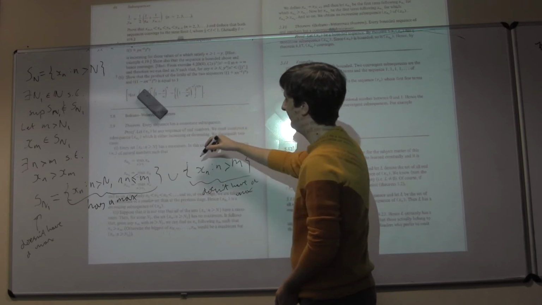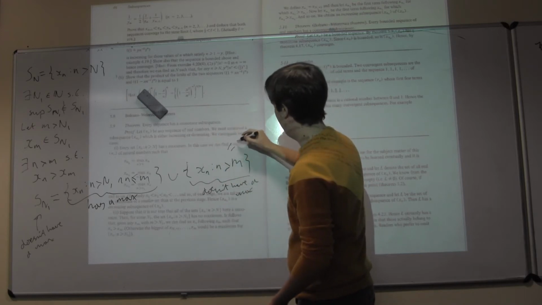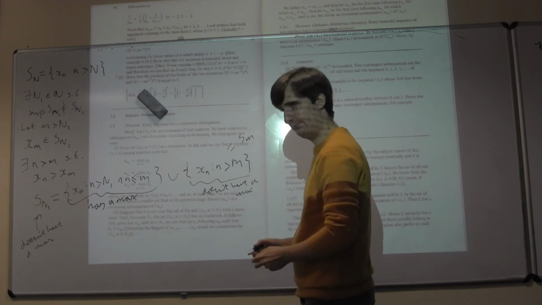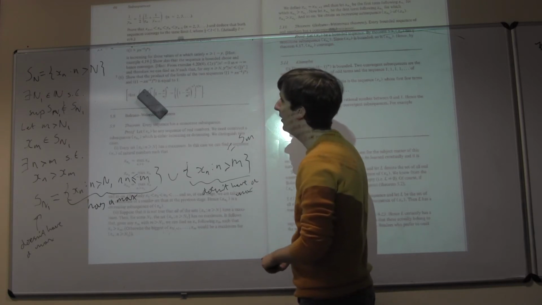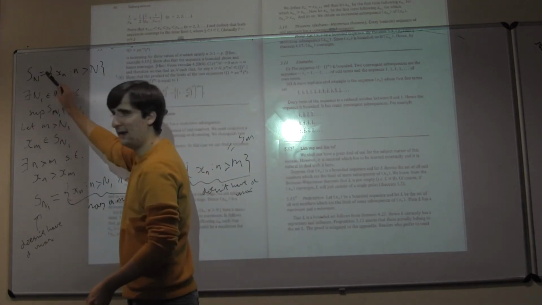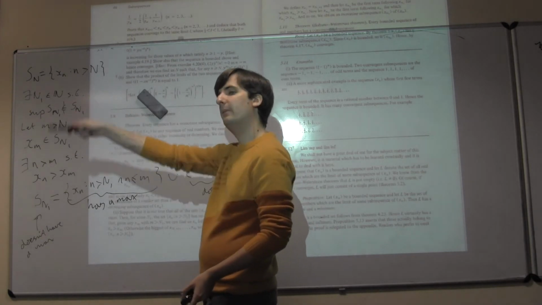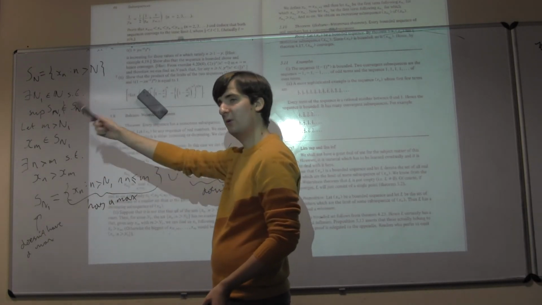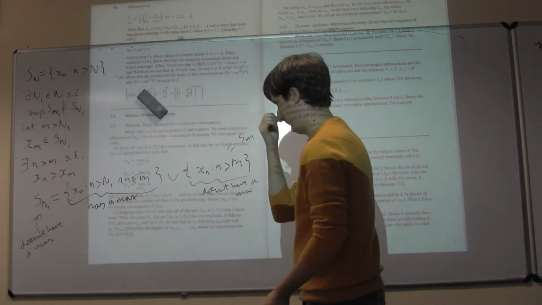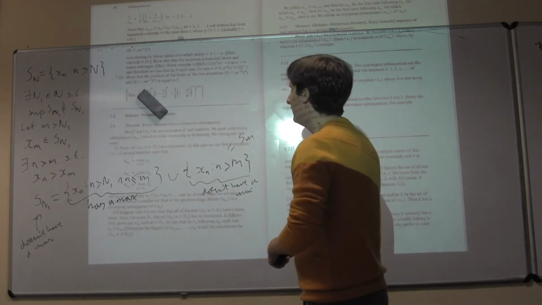This set here is just equal to S_m, isn't it? So all we're saying is that if S_N1 doesn't have a maximum, then for any number bigger than that, S of that number also doesn't have a maximum.